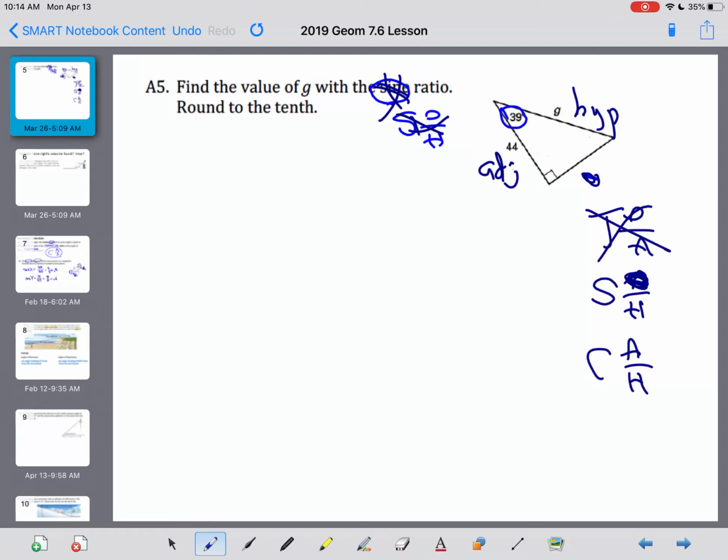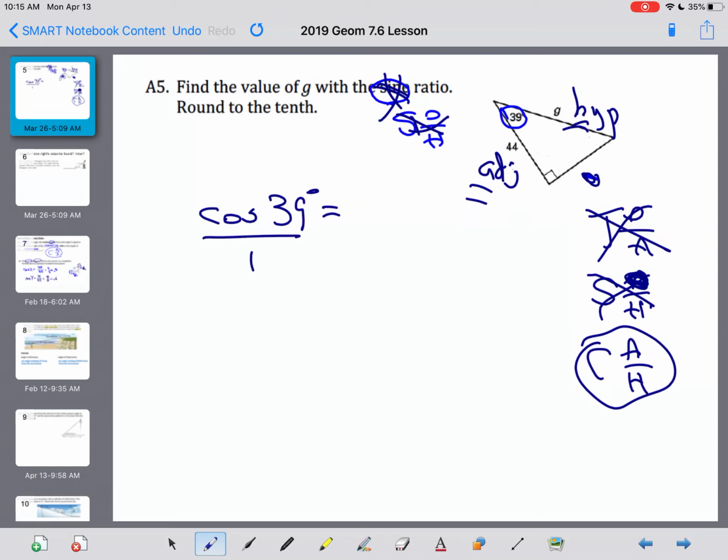Can't use that. I have to use cosine because I have the A and the H. So I'm going to say the cosine of 39 degrees over 1 equals 44 over G.